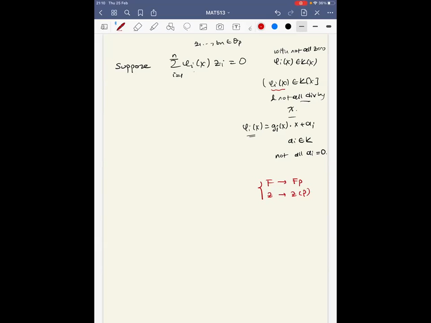Since x is from P, as was our assumption in the statement of this proposition, this belongs to P. So if you consider the evaluation of phi_i of x at P, that means phi_i of x plus P, and since this term belongs to P, we can write a_i plus P. Simply, we define it as a_i.